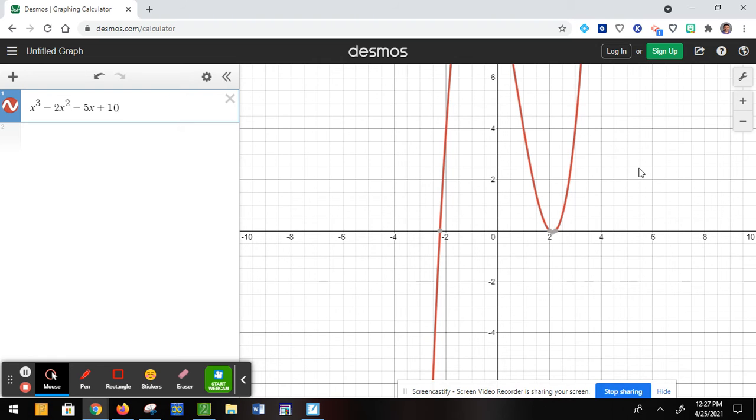But if I look, that is not one of our possible rational roots, right? Neither is that. But this one is. So it looks like there's one rational root, because 2 is from our possible rational root list. The other 2 roots must not be rational. They must be irrational. So that's something I can tell from looking at this graph as well. But what this is telling me is I'm trying 2 with synthetic division first, instead of just blindly guessing.